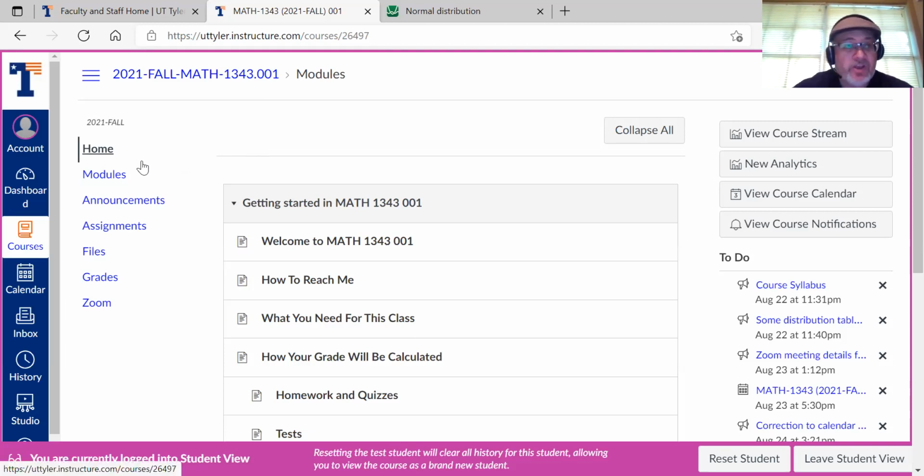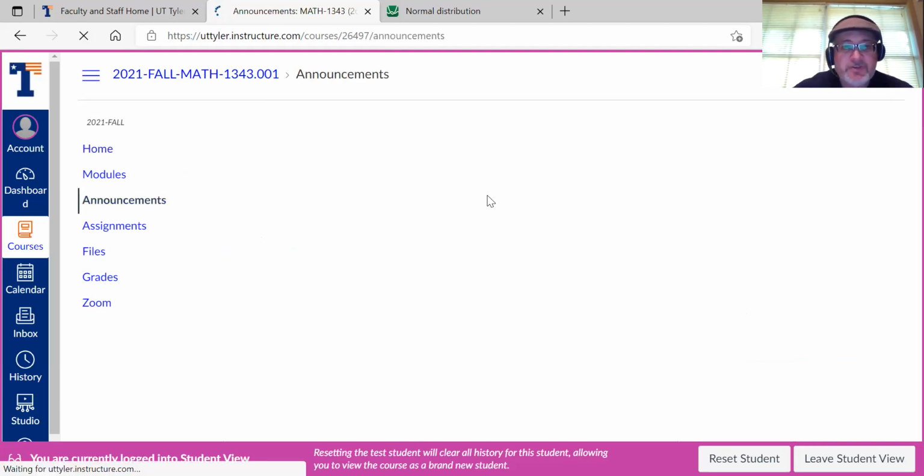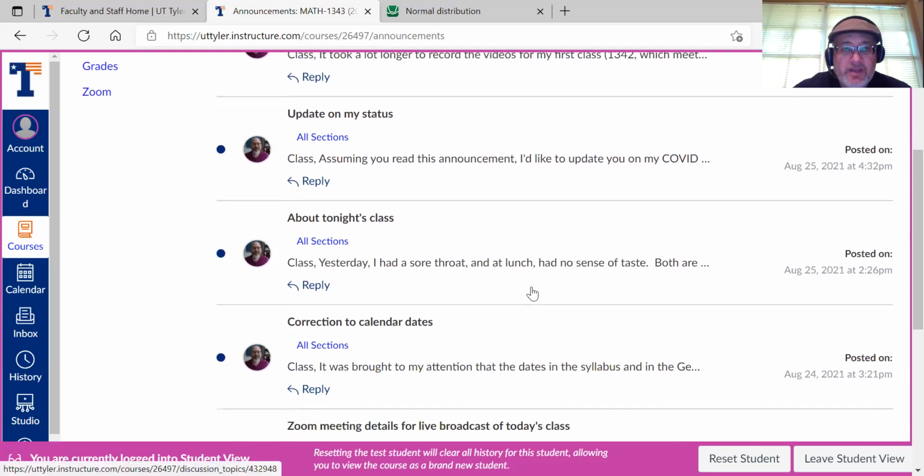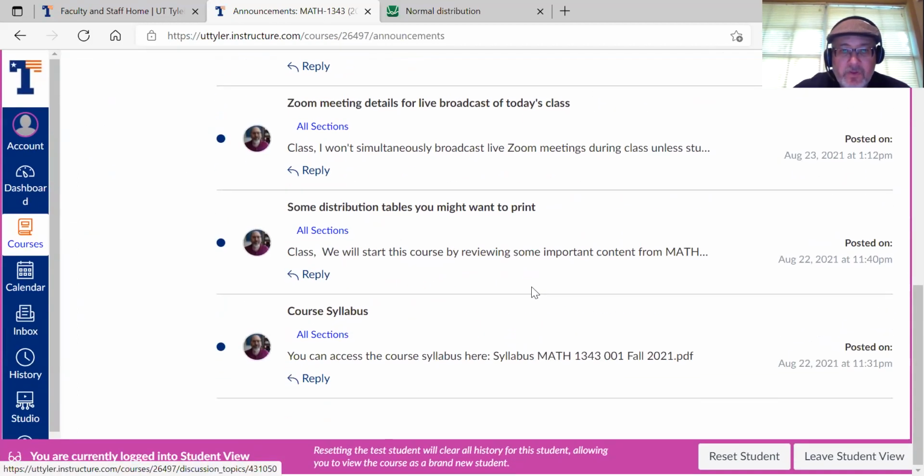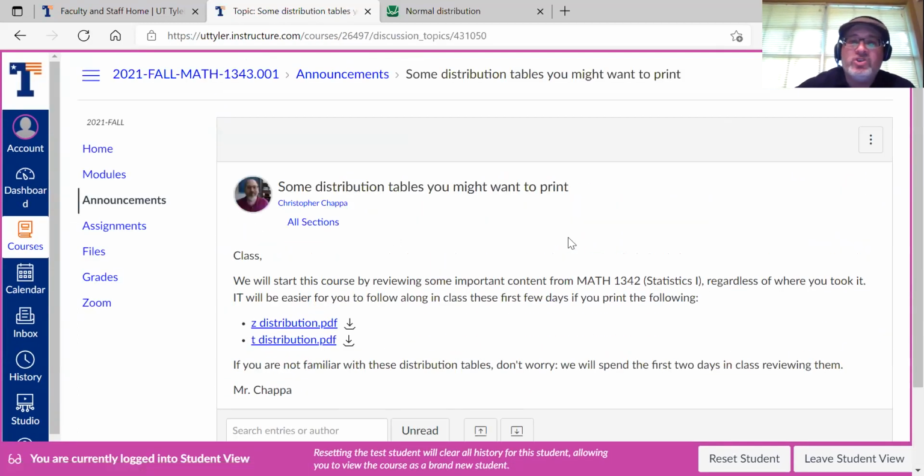You can find them a couple of ways. You can go into announcements, and there's an announcement for some distribution tables you might want to print. You can also access these by clicking Files and then clicking on the Distribution Tables folder.